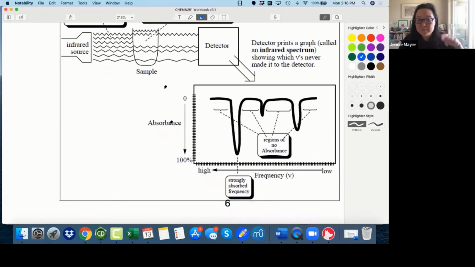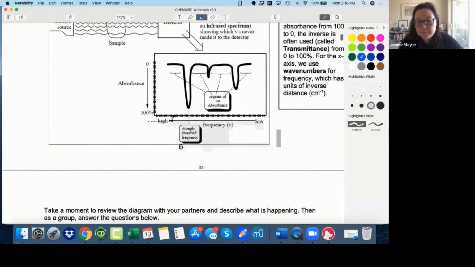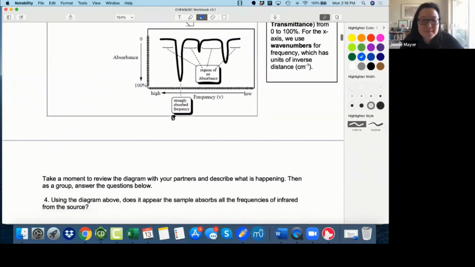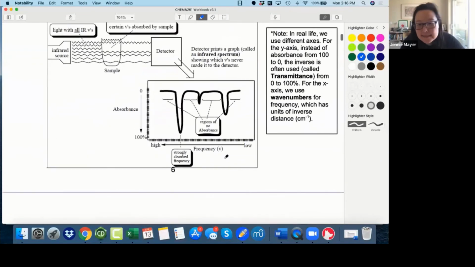I think you're used to absorbance going up. And so if I flip this, that would be the case. But for some reason, someone chose to do it by transmittance, okay? All right, and the last thing is the units for this are frequency in wave numbers. So that's right here.